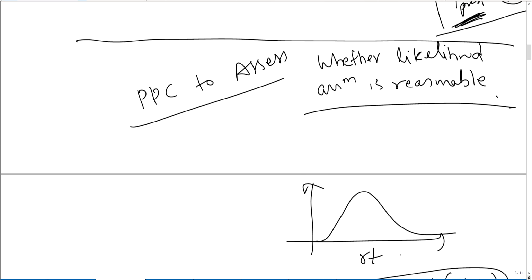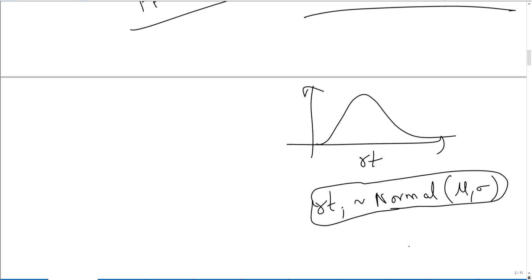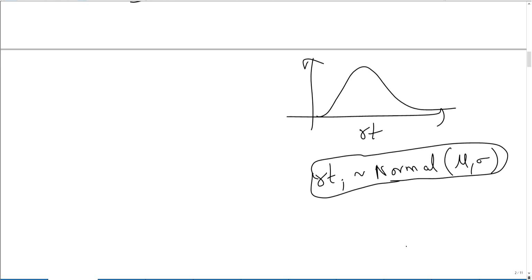Basically you will follow the same approach: you will generate posterior predictions and compare them against the observed data, and if the posterior predictions look off, if they look different from the observed data, that means your likelihood assumption is unreasonable. And there is intuition behind this. Because this is the actual distribution of the data, if you assume that these reaction times are normally distributed, you will estimate some values of mu and sigma.